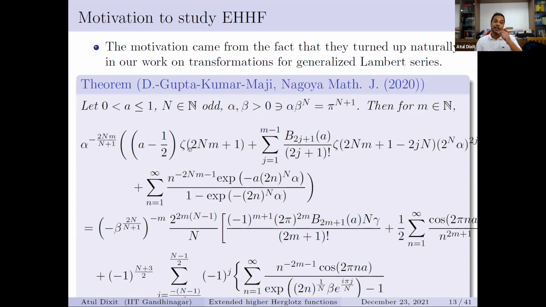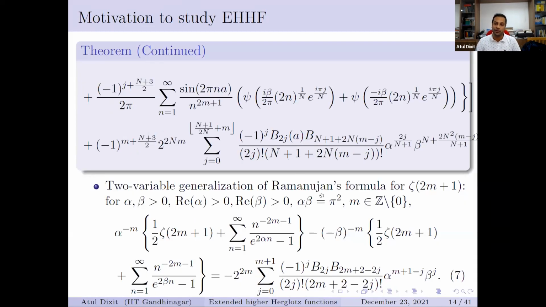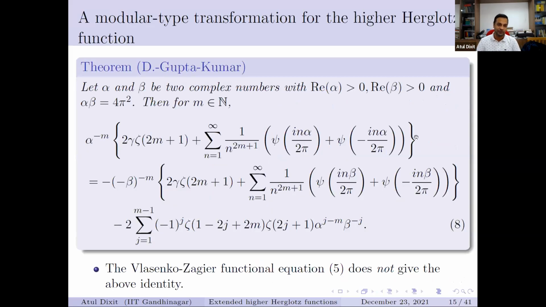Now, if you put n equal to 1 and a equal to 1, then you will get Ramanujan's formula. So in a way, this is a two-variable generalization. And if you look at the right-hand side, we have this generalized Herglotz function coming into the picture. So that's what motivated us to work on this.